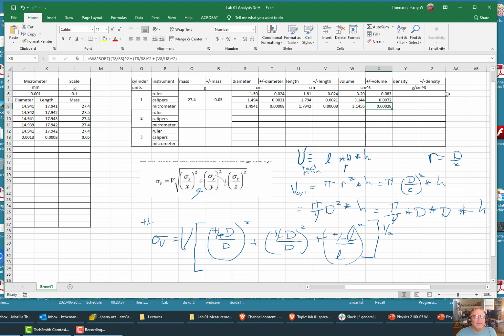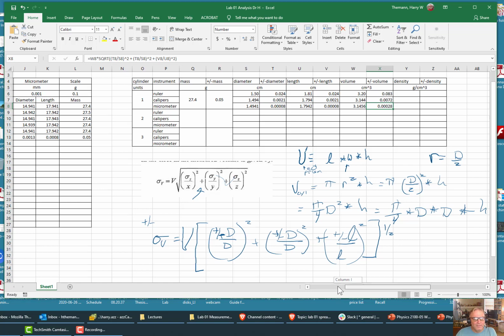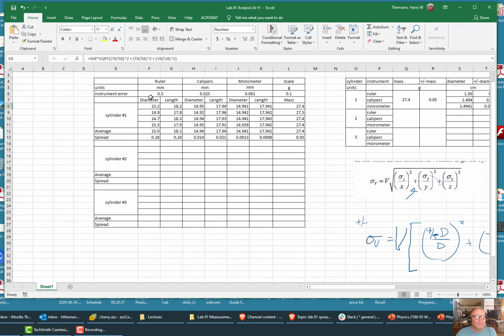Okay, so now we've got a defensible setup here. We have measurements. The number of decimal places in the measurement is limited by the instrument. We take an average to get the best possible number. And then we use this thing called a standard deviation, which just tells us the plus minus on our set of measurements on the average value.